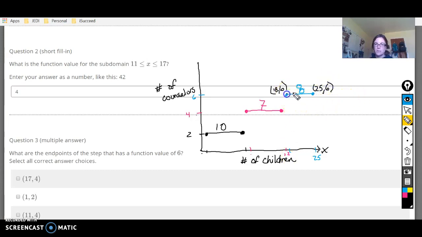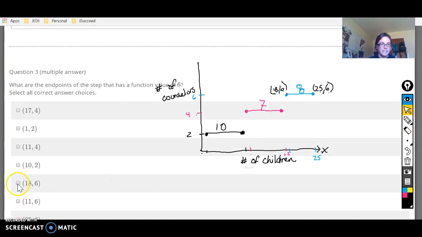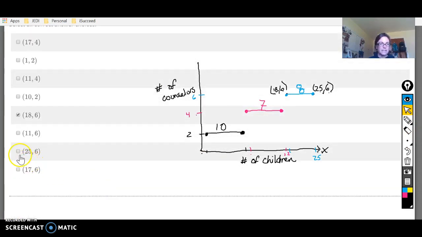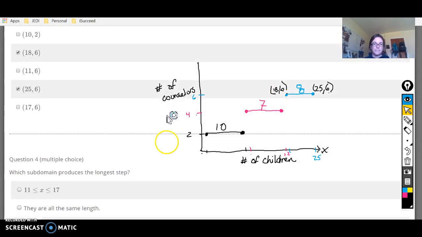Those are the endpoints of this subdomain. When I have 18 students, I have 6 counselors. When I have 25 students, I have 6 counselors. Notice it's not 17, because if there are 17 students, we have 4 counselors.